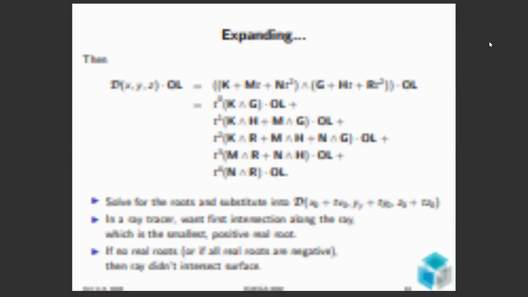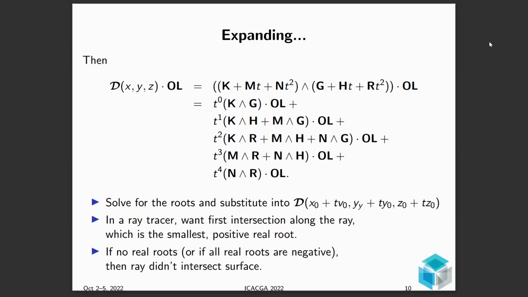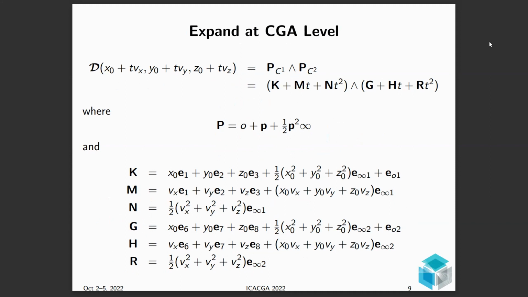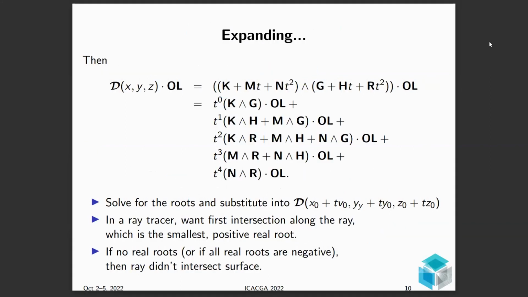Okay. And so now when we do this expansion, this expands nicely into things that I can actually program. And of course, I had to type all these in. So again, it's not too bad. And then everything here is grade 2. So these are all scalar values. We have a degree 4 equation in T. So we just solve for the roots and substitute the values of T into this equation to get our 4 points of intersection.